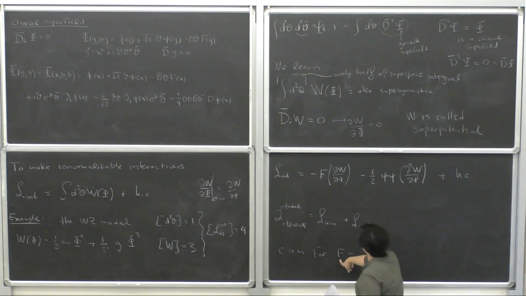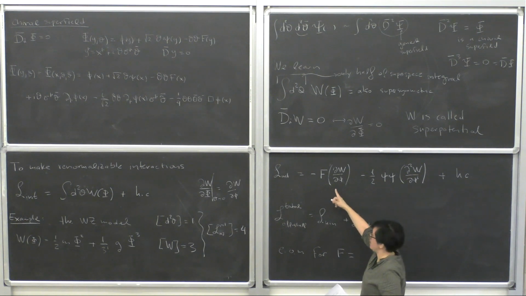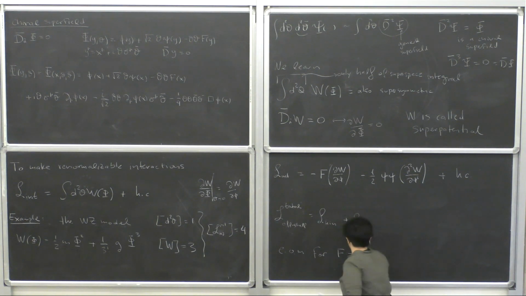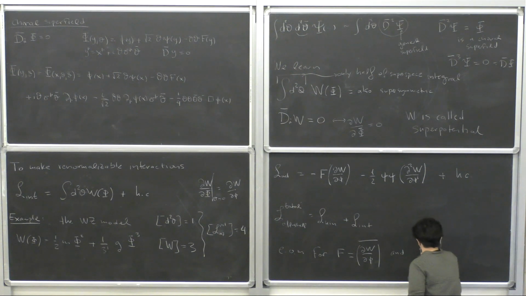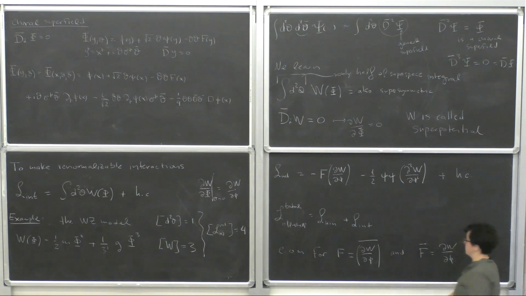So for F, because this multiplies F bar and this multiplies this, I'm going to get the complex conjugate of that. Is this clear to everyone?